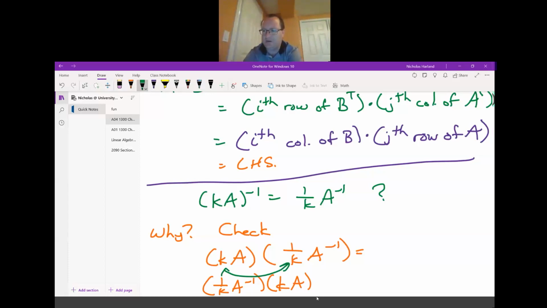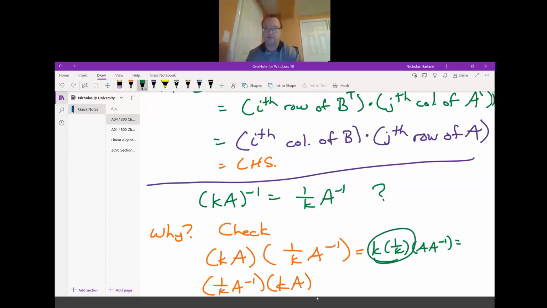Wait, doesn't order of multiplication matter? Ah, that's right, they're constants. So yep, we could say this is K times 1 over K, A times A inverse. So yes, we can absolutely switch the order of the constants, not matrices, but of the constants.